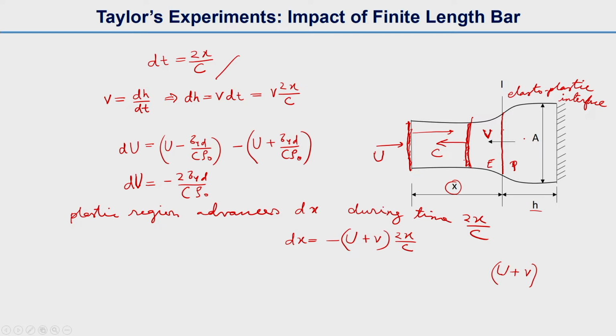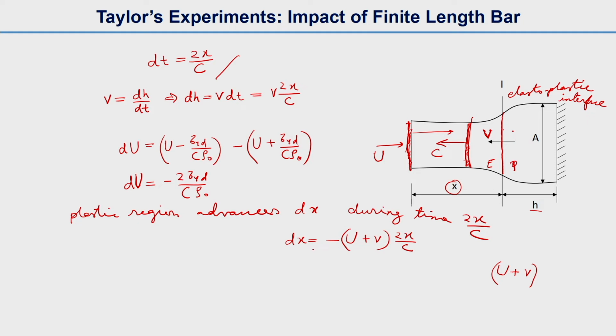So the mass going inside this plastic region is u plus v, because the elastoplastic interface is going towards the left, and the back portion of this bar is going towards the right at a velocity u. So this will be u plus v.